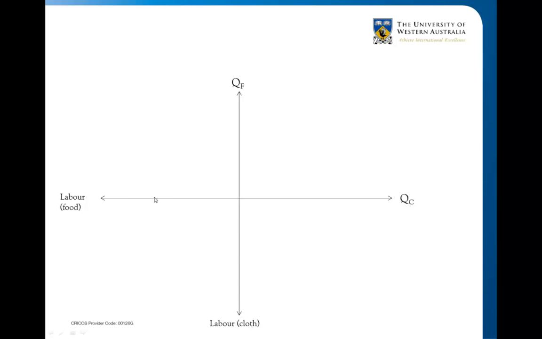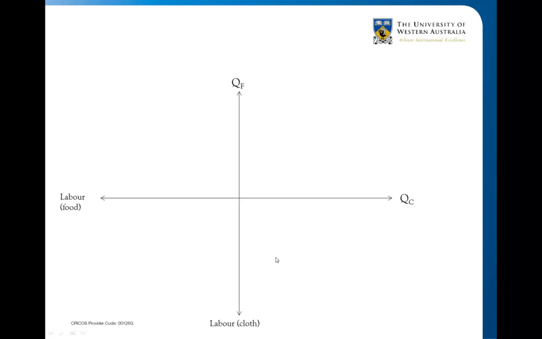In the bottom left quadrant, we've got the quantity of labour being used for cloth, and of course the quantity of labour being used for food. That makes the other two quadrants in the top left and the bottom right sections. That's the relationship between how the quantity of food, for example, varies as you change the amount of labour devoted to food.